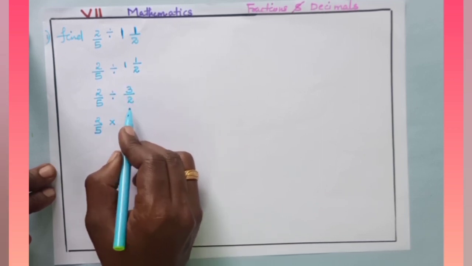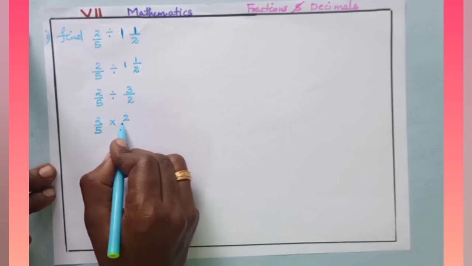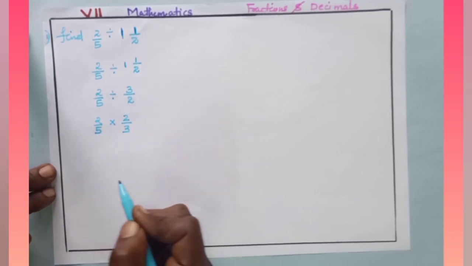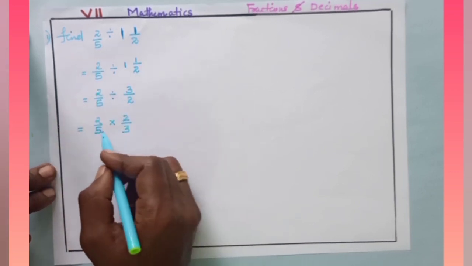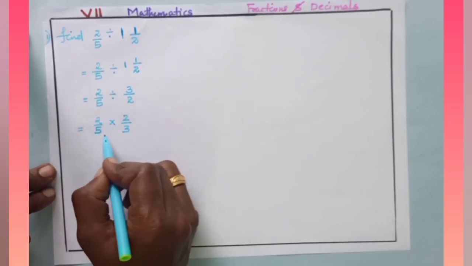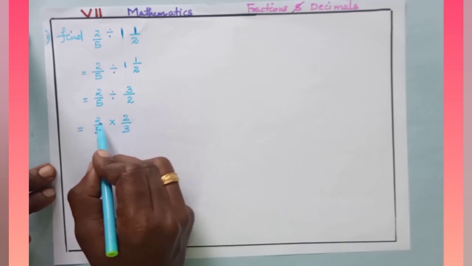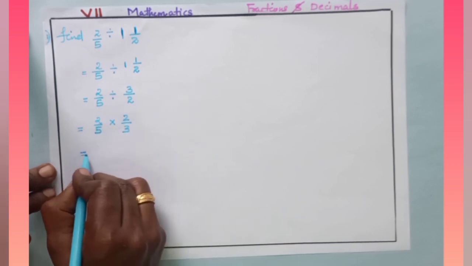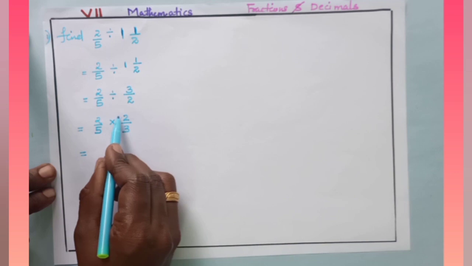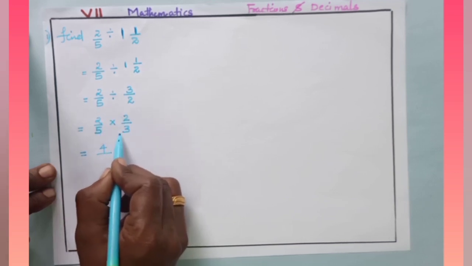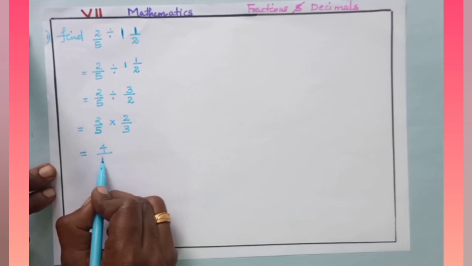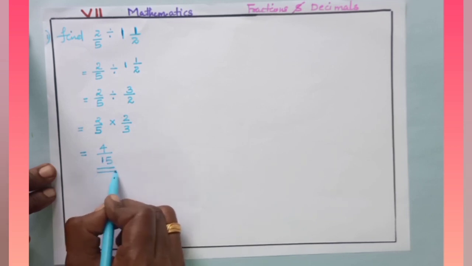The second fraction is 3 by 2, its reciprocal is 2 by 3. Then multiply. Check whether any cancellation is possible here. Not possible. So multiply the numerators, 2 into 2, 4, by the denominators, 5 into 3, 15.